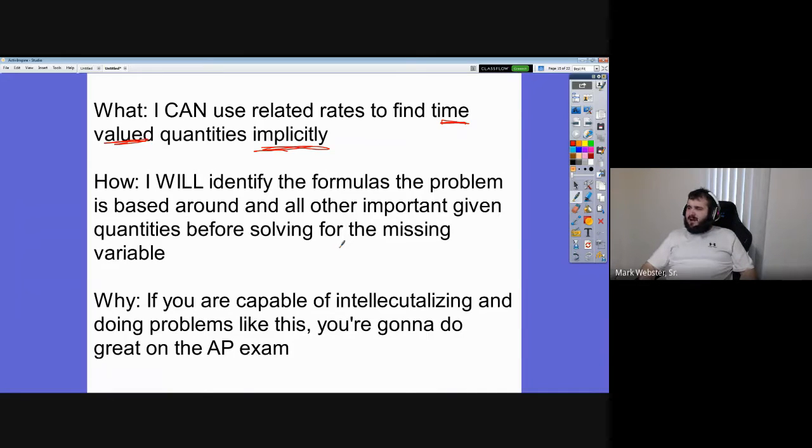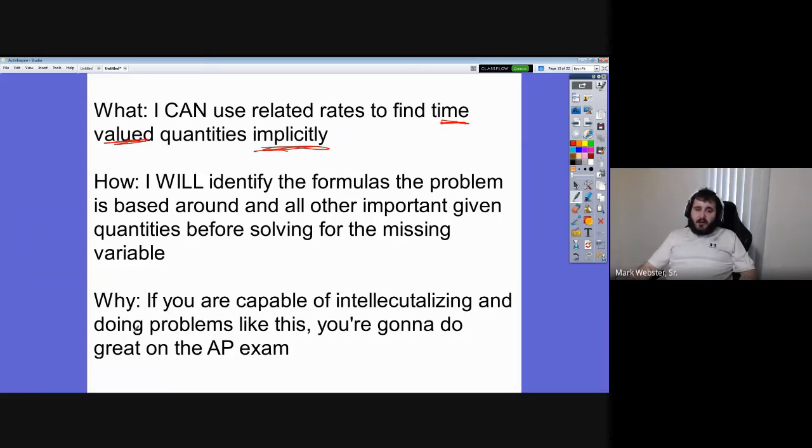Because I'll be honest with you, a lot of this stuff, you're just going to have to pull it out of thin air. Or at the very least, for right now, you're going to need to recognize what you need and then you can look it up, right?